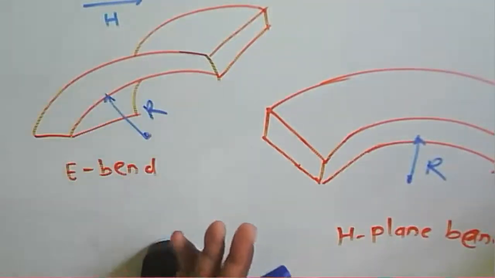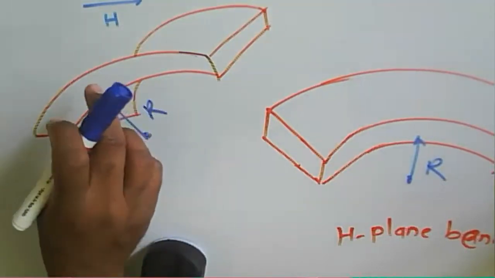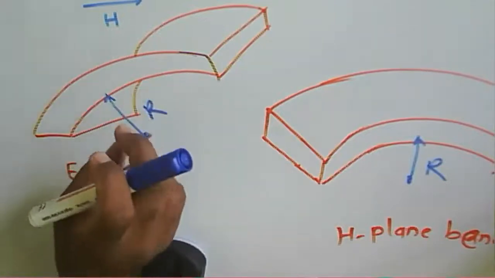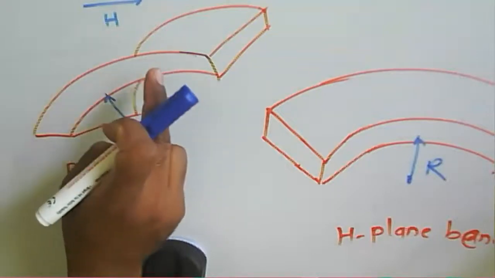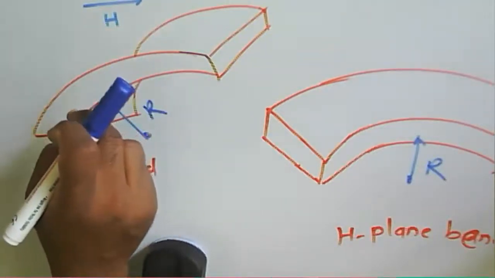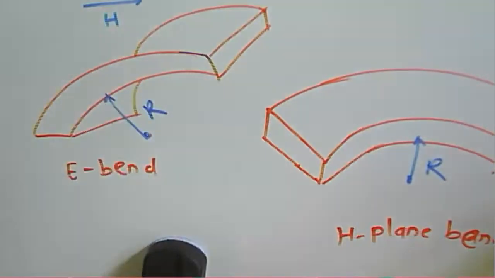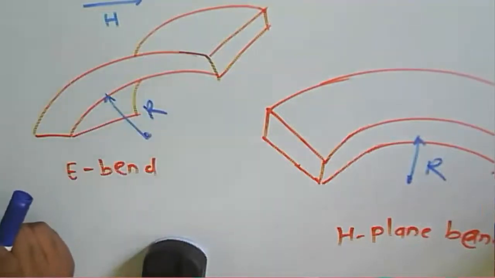In that case, we require a bend there. And when we bend the waveguide, there will be a discontinuity at this particular bend. So we need to find out at what particular radius there will be a smaller discontinuity, or a small reflection, because of that particular bend.